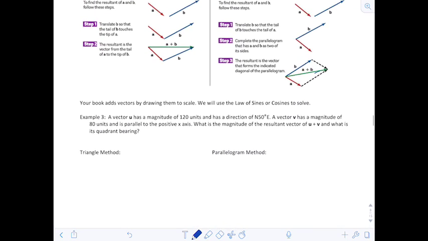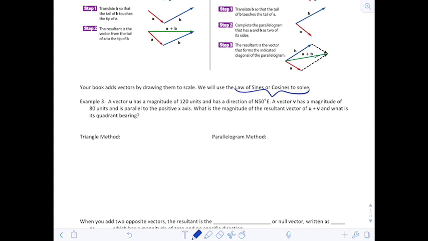We're going to look at this first example, and we're going to do it both ways: the first way using the triangle method, and the second way the parallelogram method. We're going to use the law of sines and cosines to solve this. That's another reason that 4-7 fits really great onto the beginning of chapter 8. We have a vector u with a magnitude of 120 units and a direction of 50 degrees east of north.